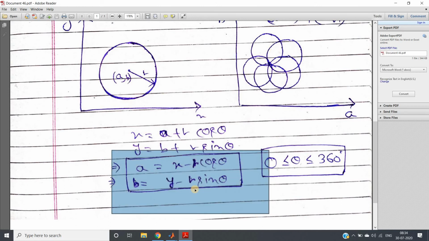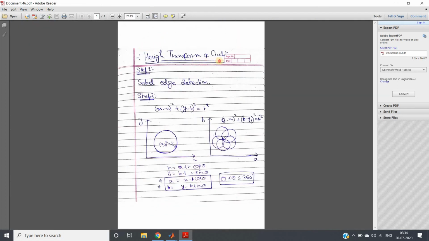Whatever maximum concentration we get, that (a, b) value we will find, and then do some programming. That's all. So this is the simple fundamental idea of the Hough transform for detecting circles. In my next video, I am going to show you the MATLAB code.